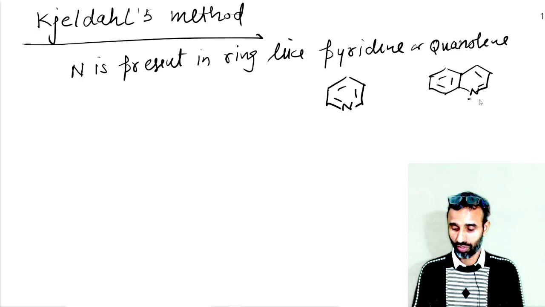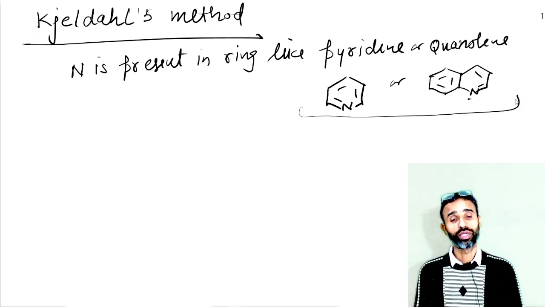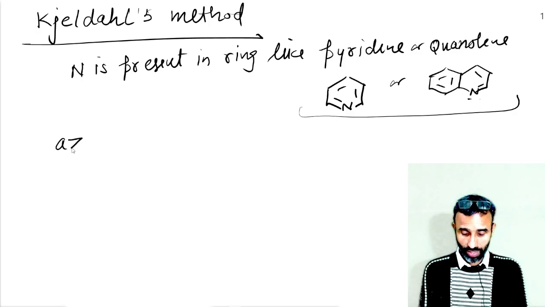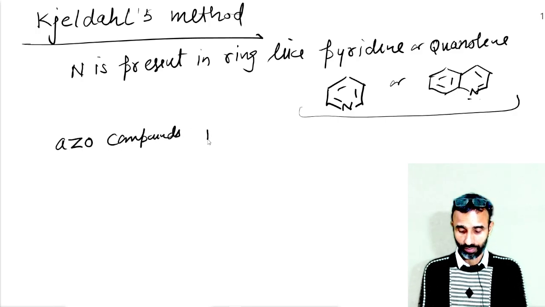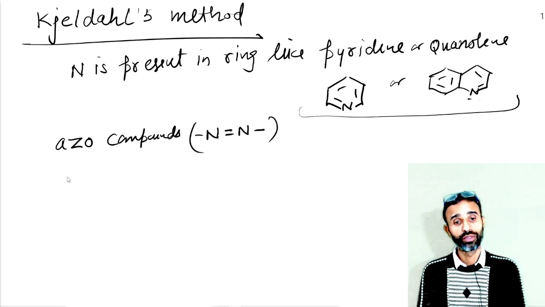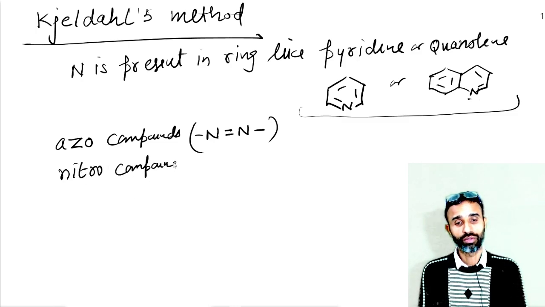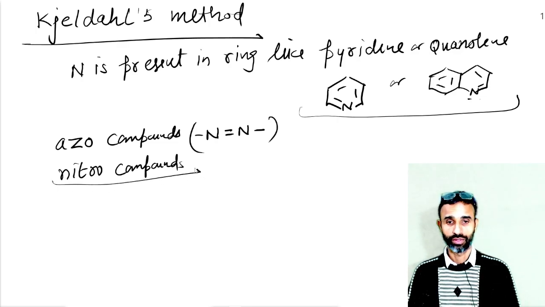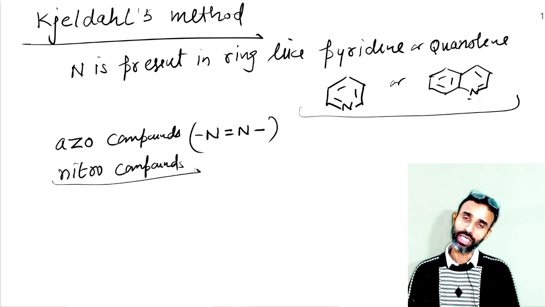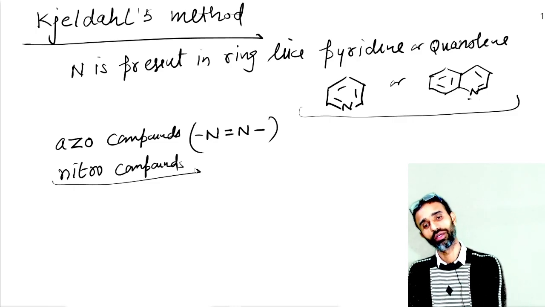Any compound in which nitrogen is present in the ring, we cannot apply it. Even we cannot apply it in azo compounds, compounds containing N double bond N, like orange dye, red dye, or in case of nitro compounds. Is Dumas method applicable for these conditions? Yes, Dumas method is applicable for all.